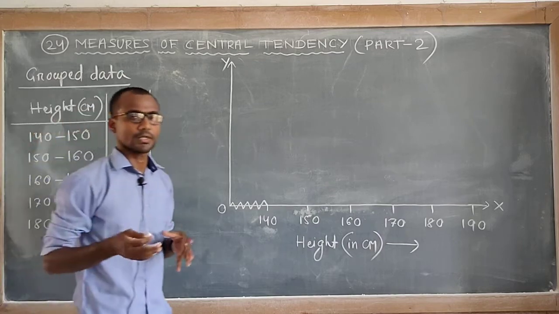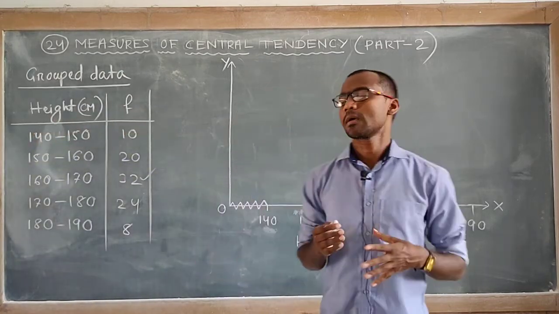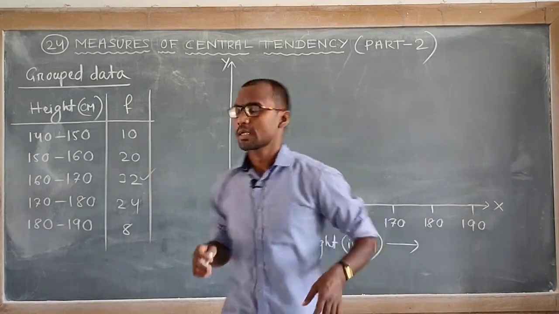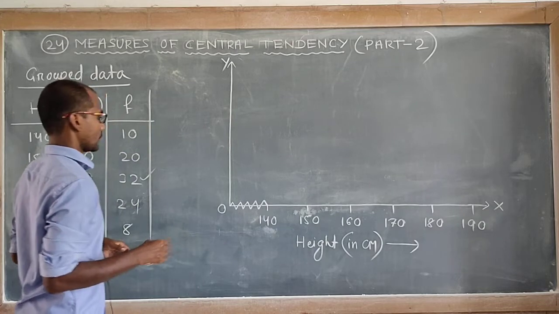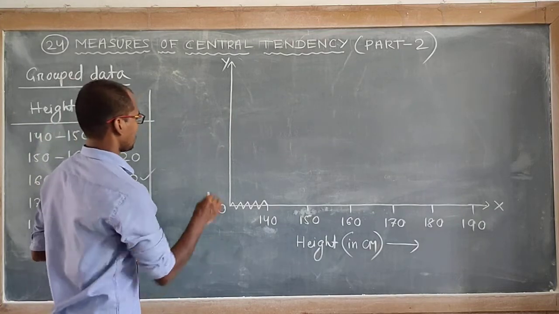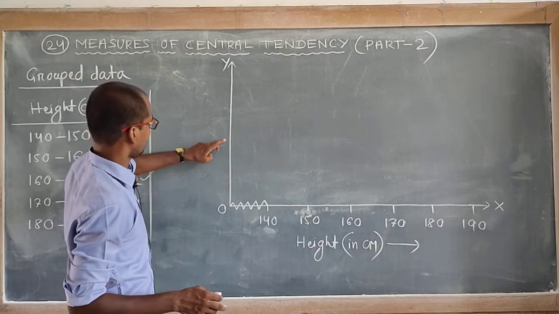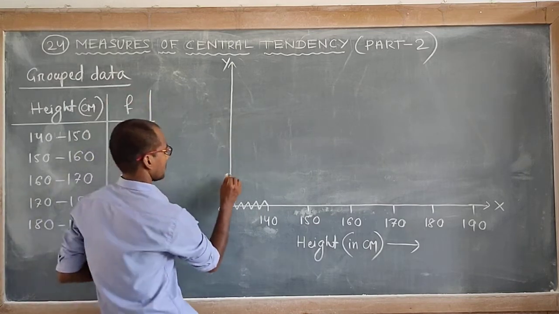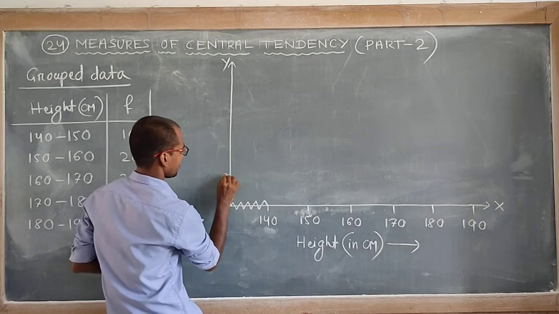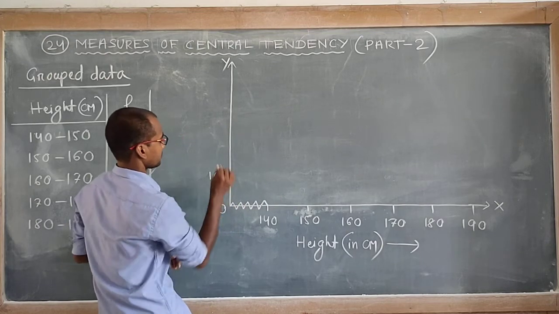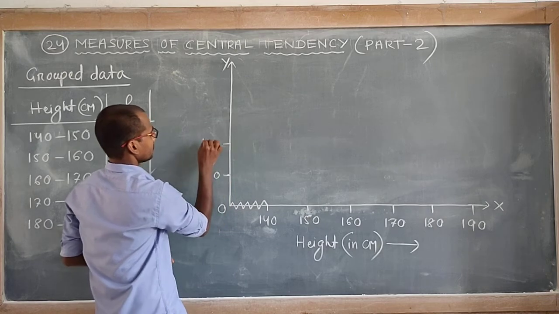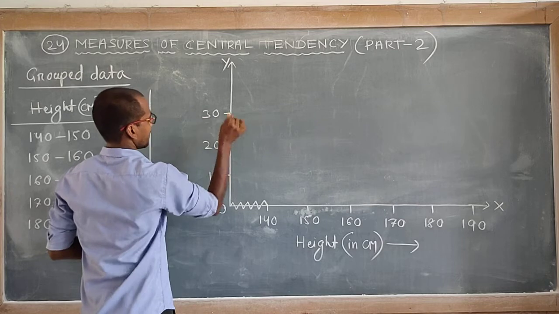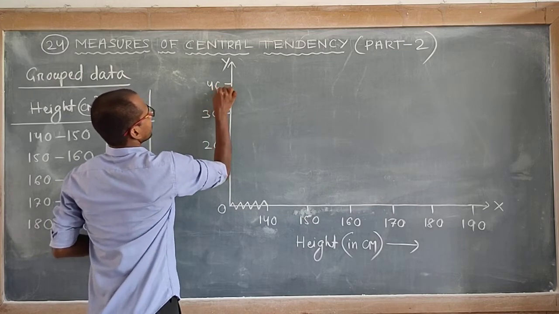So we have to choose such a scale that we will be comfortably able to represent all the values along with 32. So let us take 2 cm is equal to, suppose I am taking 10 units. Suppose this is 2 cm, this is 10, 20, 30, 40.